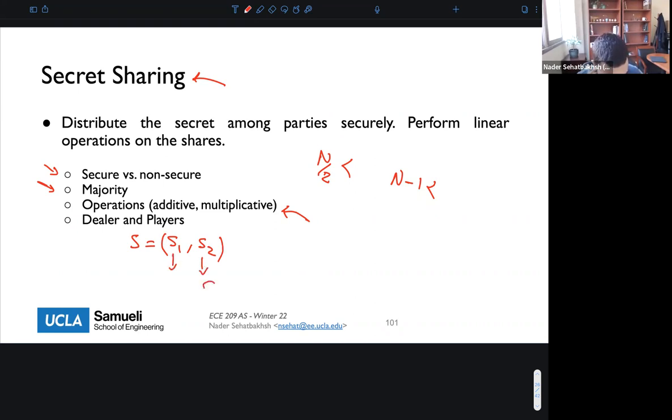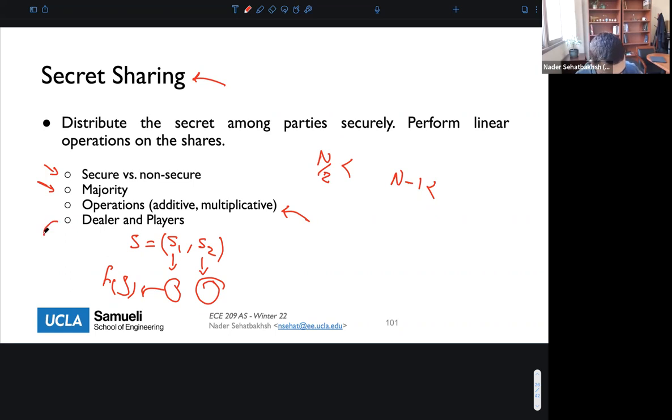Then at the end of the day, if we gather these two secrets again, we can recover what S was, or what F of S was. So the same way that homomorphic encryption works, if we can do additions and multiplications on the partial secrets and then finally recover the secret, and the secret is the function that we wanted to evaluate, then we get the notion of homomorphism on secret sharing as well.